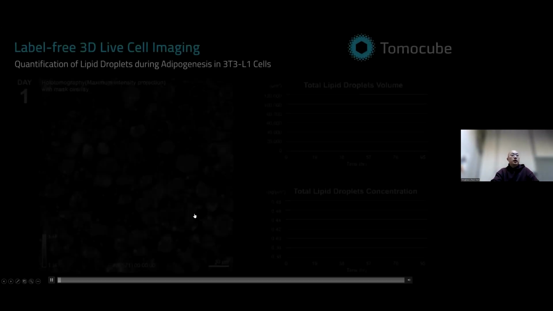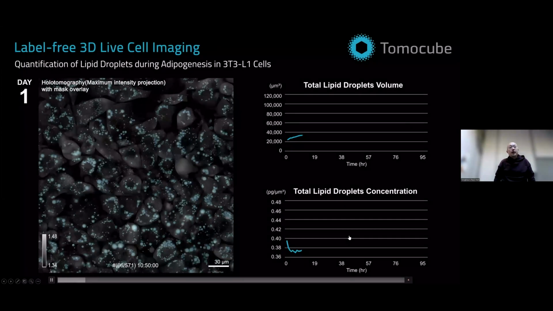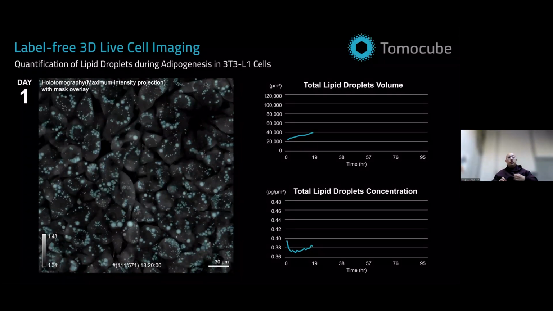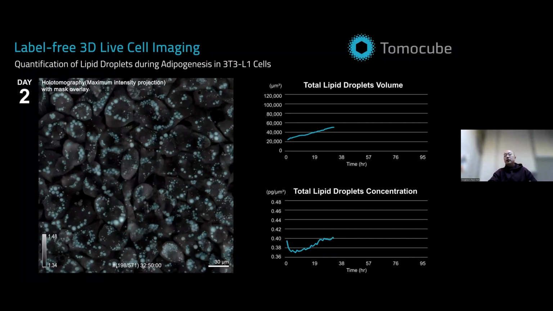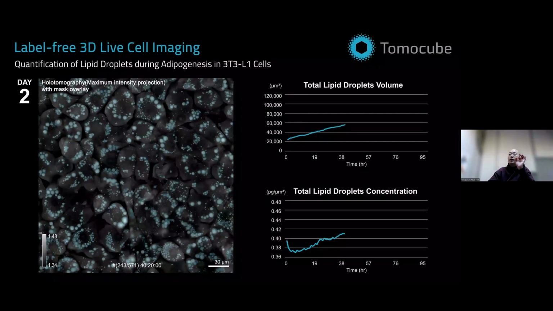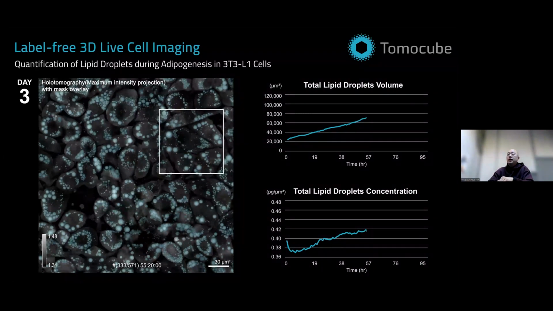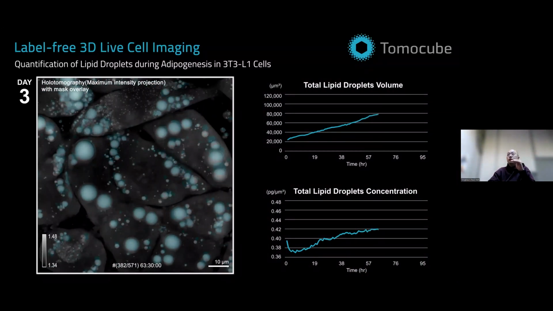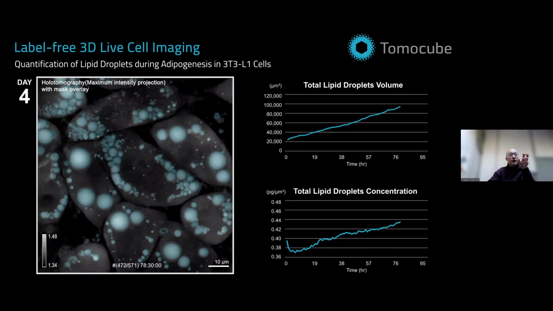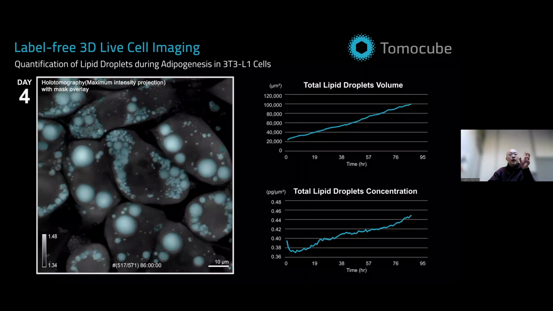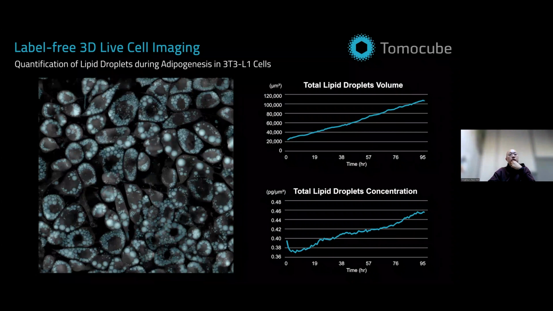Okay, so in order to facilitate this analysis, we also provide automatic software. Unlike the other subcellular organelles, lipid droplets have a distinctly high refractive index value compared to other subcellular organelles. So by using simple thresholding approaches, you can precisely segment out the lipid droplets, and we provide the software to conduct this analysis in 3D.